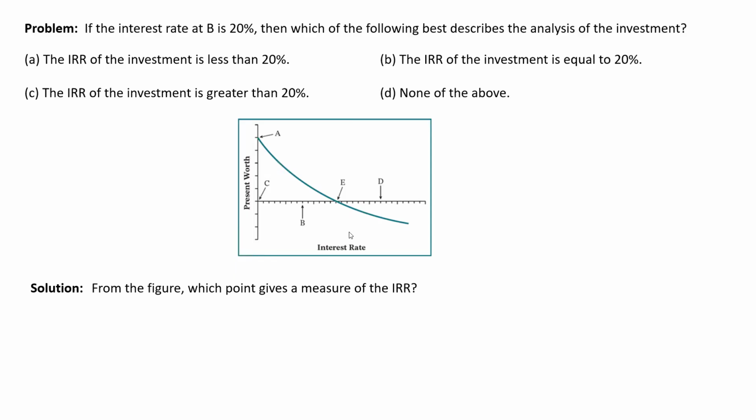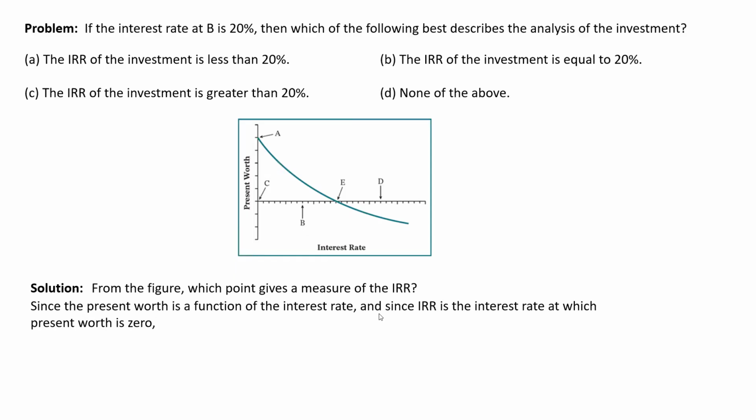So now I hope you get an idea. Since the present worth is a function of the interest rate, and since IRR is the interest rate at which present worth is 0, point E gives you the measure of IRR. Since the abscissa of E is greater than that of B, the x value of E is definitely bigger than that of B. This is 20%, and E is a bigger x value.